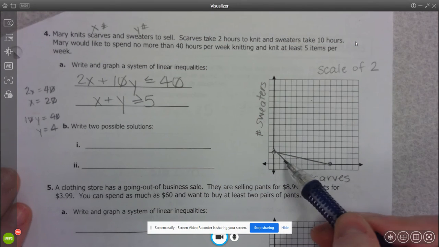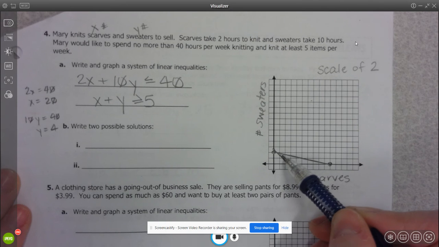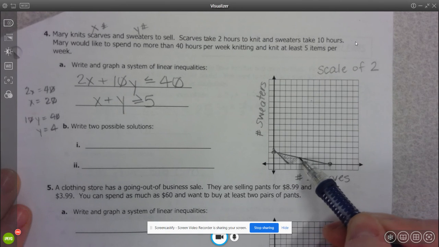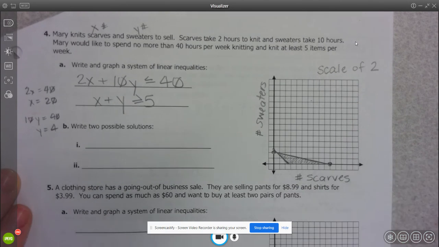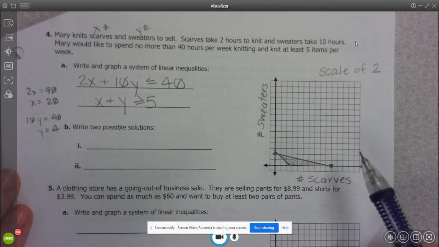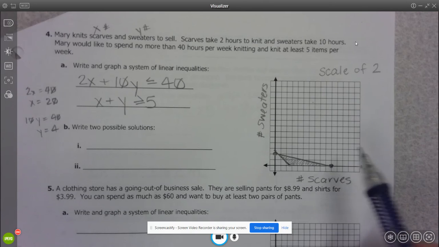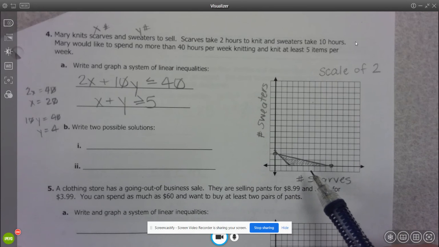So I have to be more than this and less than my time. So now we're in here. So now my number of scarves and sweaters is living in this little box here, or this little triangle space.